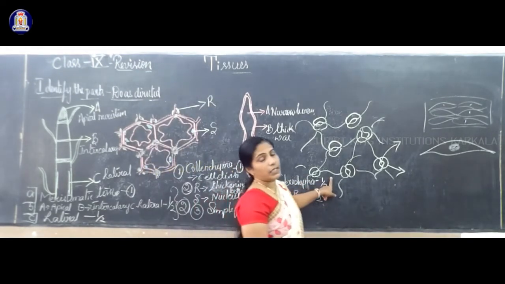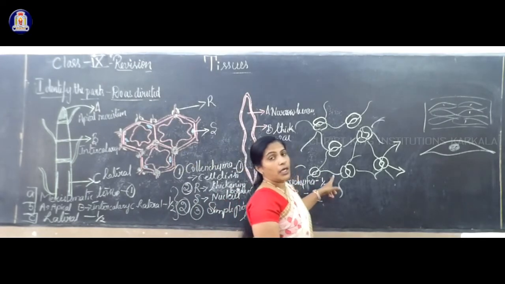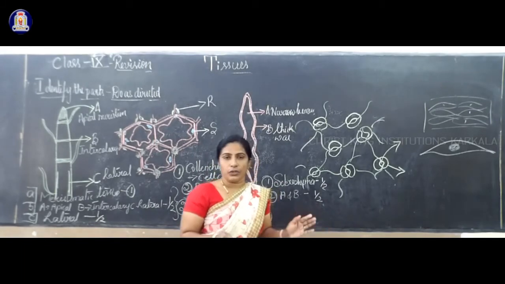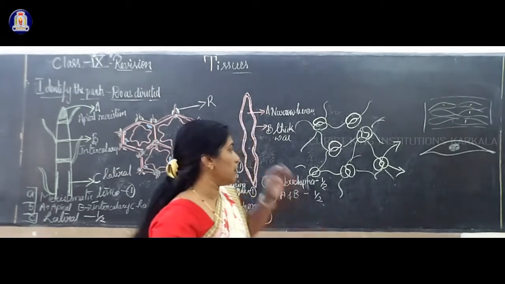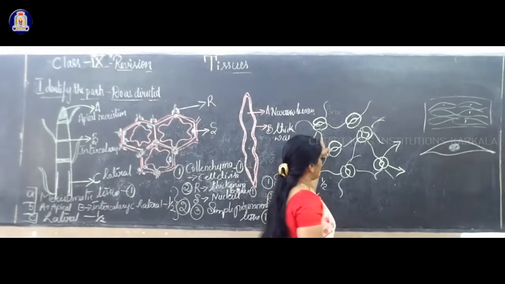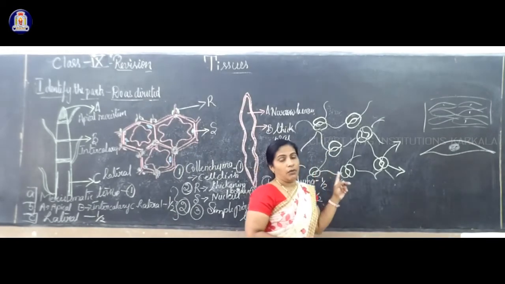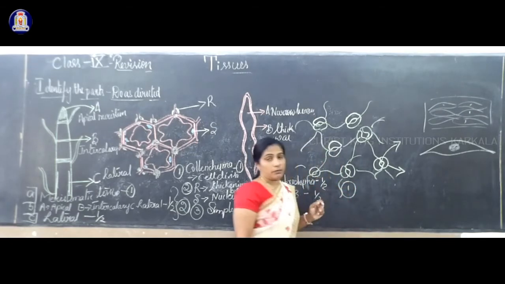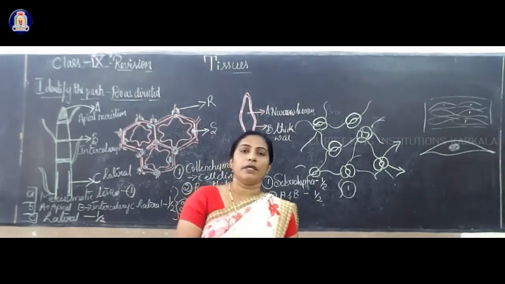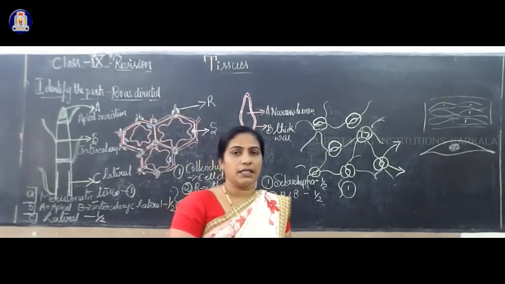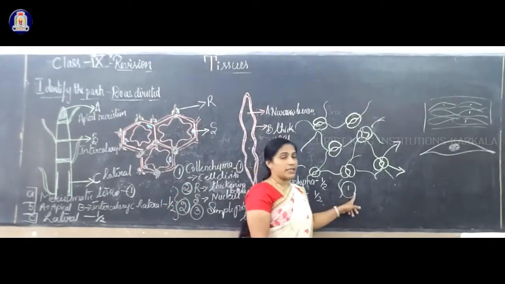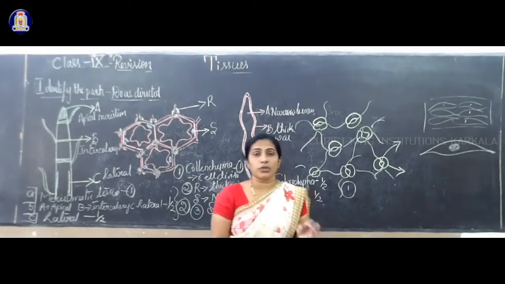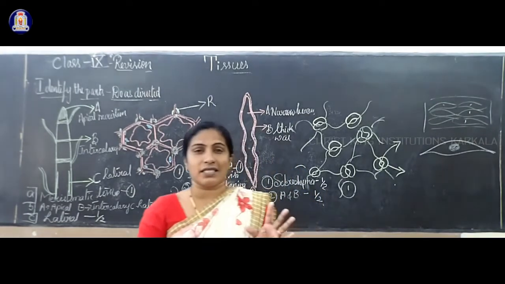Next one, I have given you as project work. If you crush a leaf, any leaf but it should be clear, you see the epidermal cells. When a 9th standard student observes the upper layer, the dorsal surface of the leaf, under the microscope, he or she can observe a tiny opening and closing structure.